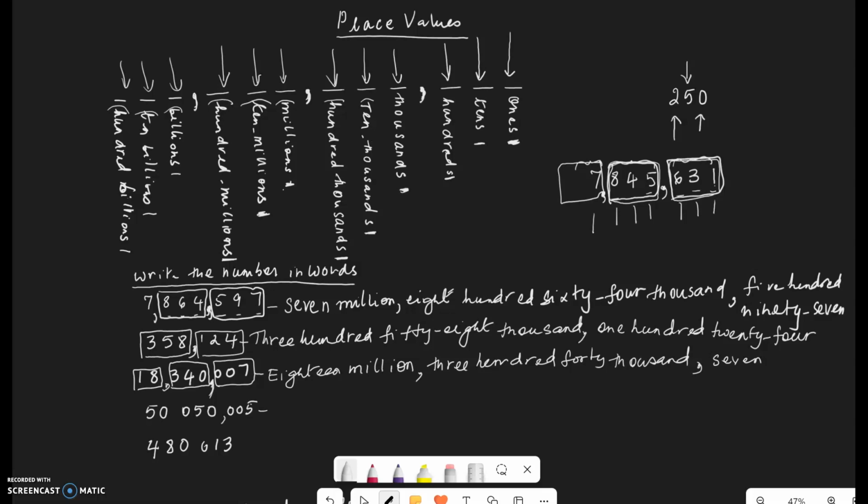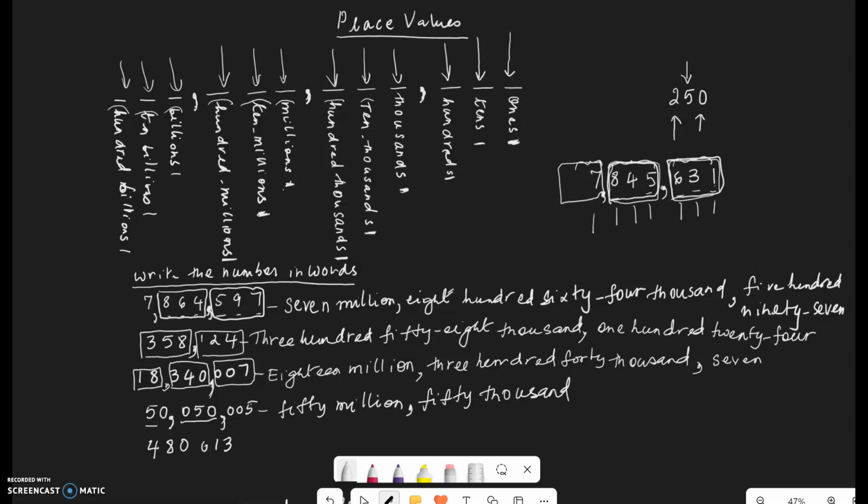Here again, put your commas first. So we have million, thousands. There are two commas, so it's in millions. So 50 million, comma, 50,000.